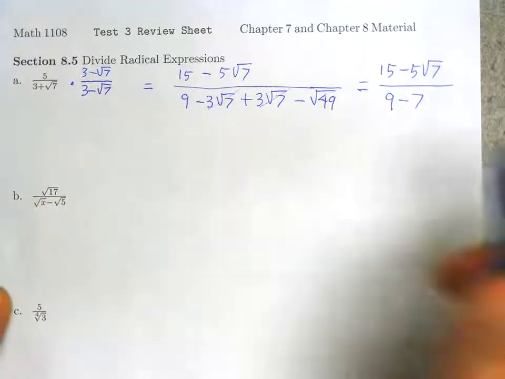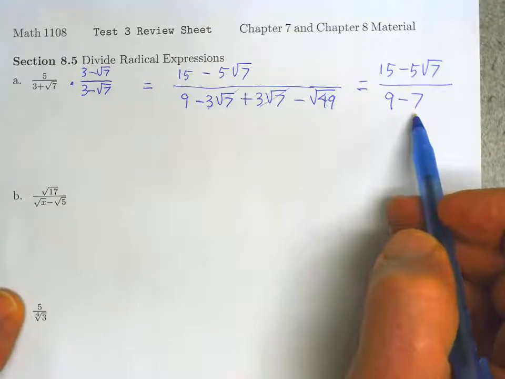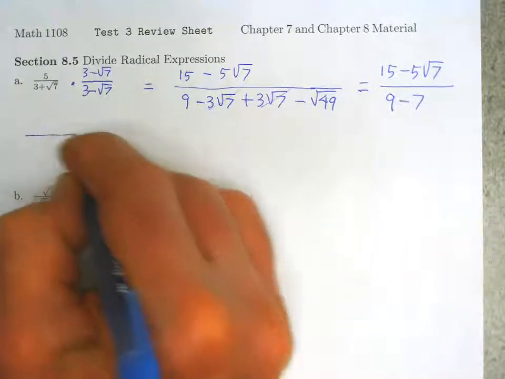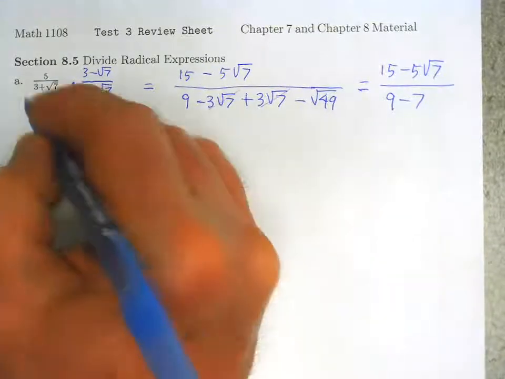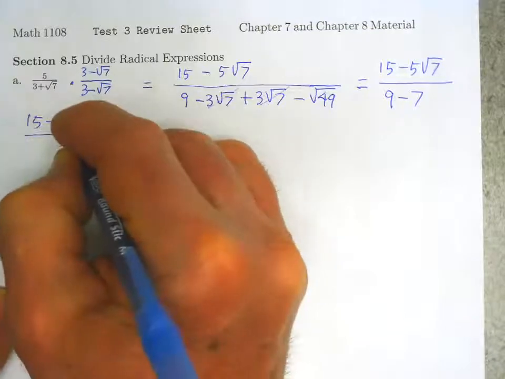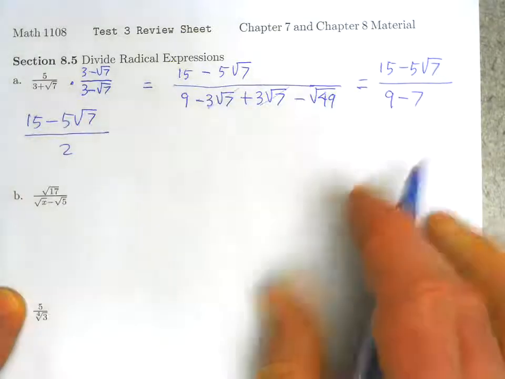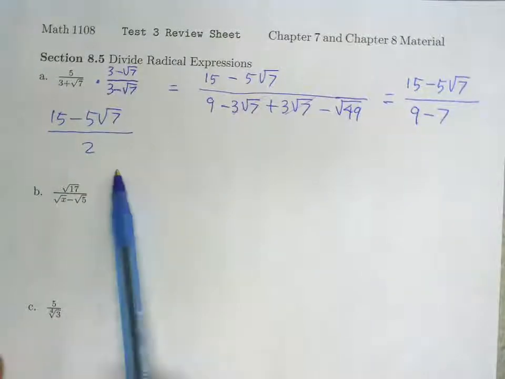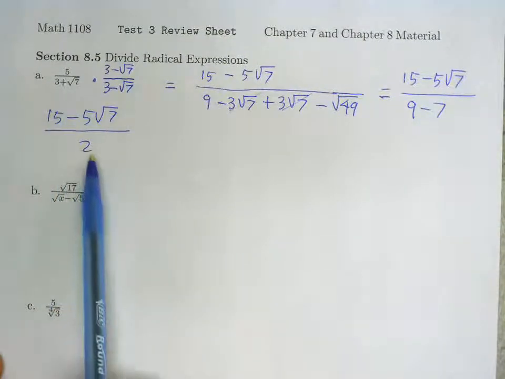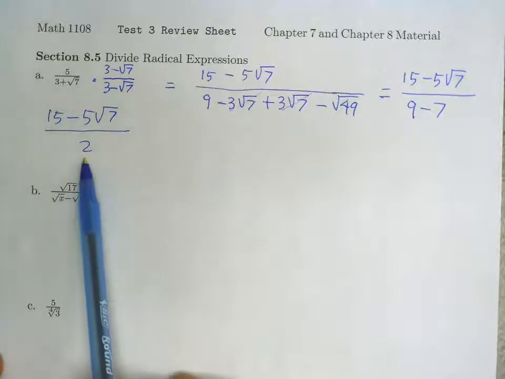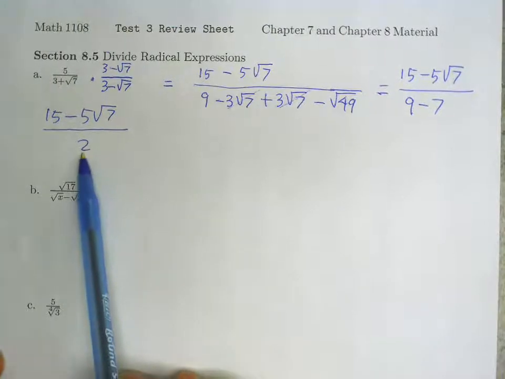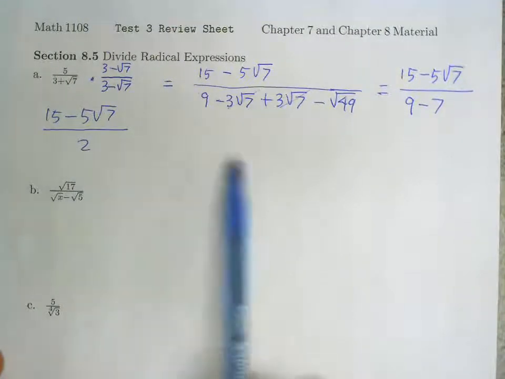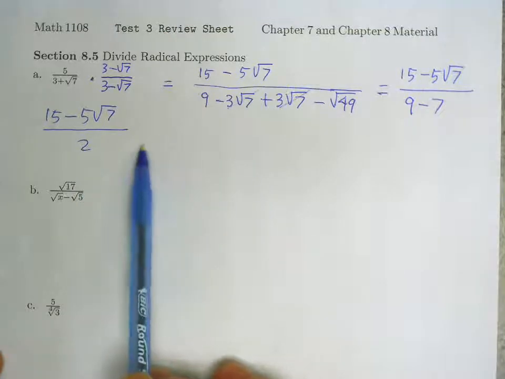And then there's one more step. 9 minus 7 in the denominator is 2. And then the numerator, 15 minus 5 times the square root of 7. This number has exactly the same value as the original number, but it no longer has an irrational number in the denominator. So we succeeded in rationalizing the denominator.